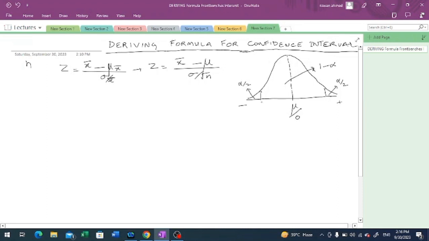Now, what if we write down the lower bound of z as minus z alpha by 2 and the upper bound as z alpha by 2?